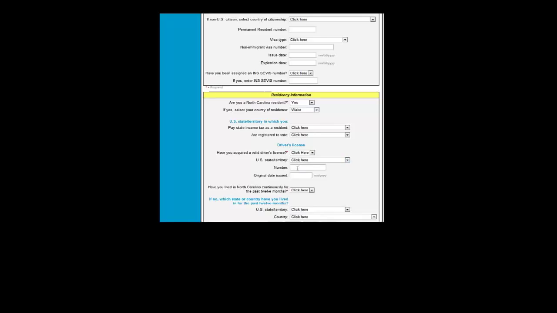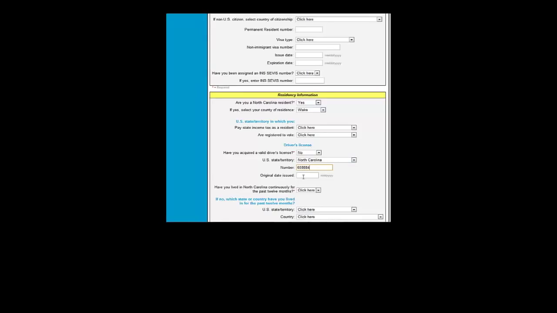Please put in your driver's license number and the state from which you received your license and the issue date. You should enter the date that your driver's license was issued from the driver's license itself.